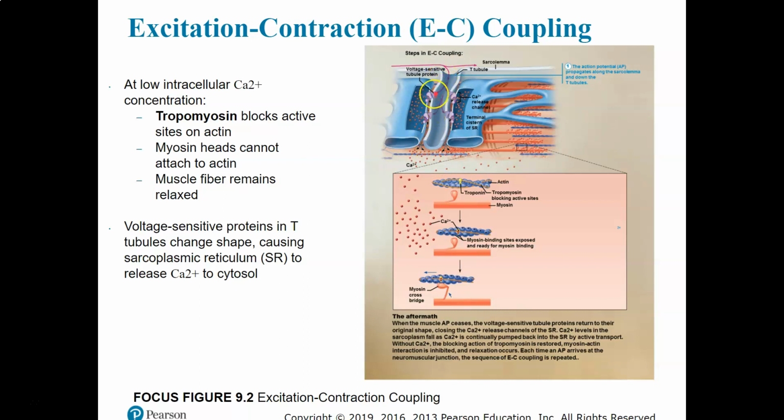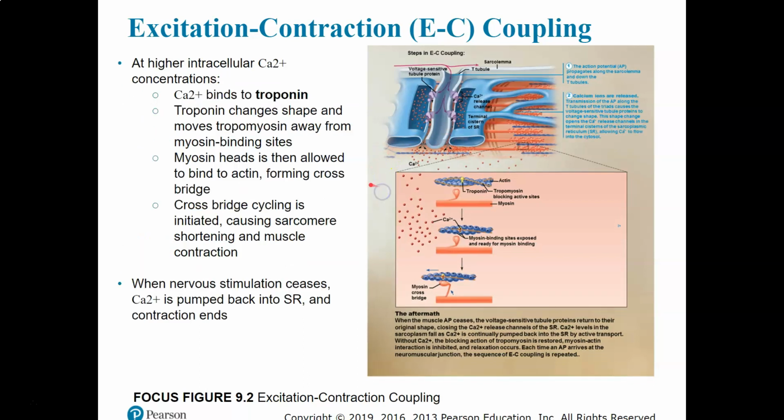The voltage-sensitive proteins on the T tubule are going to activate proteins on the sarcoplasmic reticulum in the terminal cisterns, which is going to cause the release of calcium ions into the cytosol.